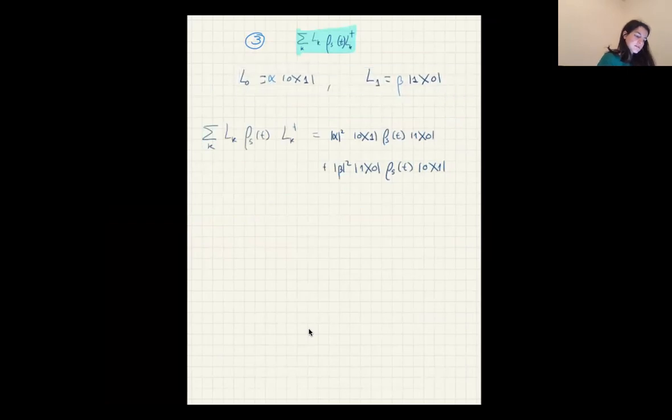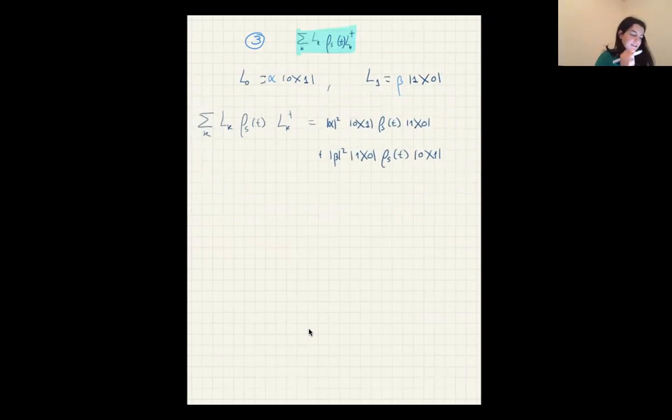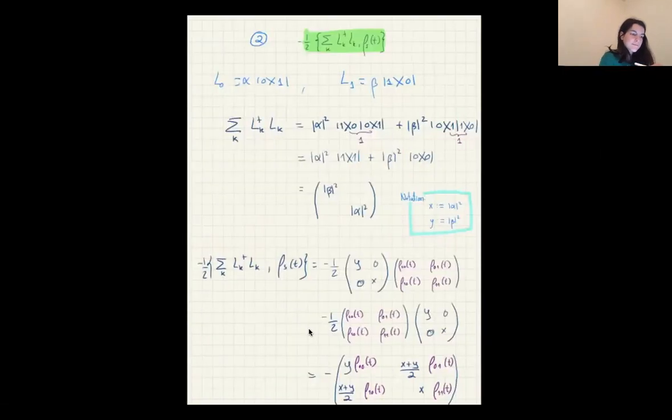So they were this. Alpha squared we called x. So we have x, the state 0, 0, and then there's another coefficient here, which is 1 rho_S of t 1. If you look at rho_S of t, this is the matrix.